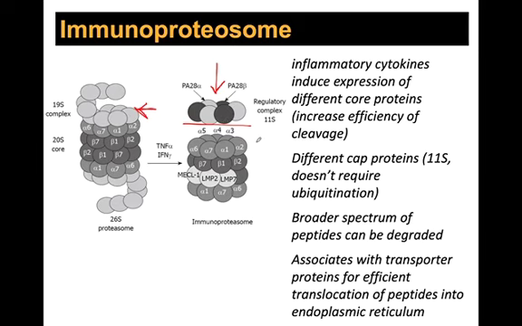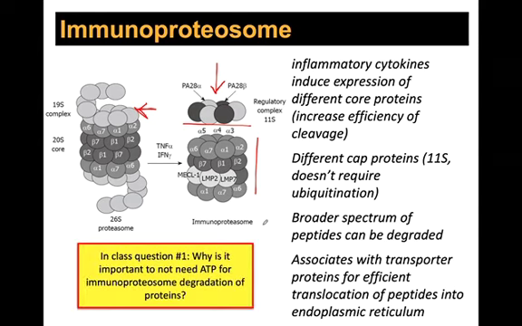The second part of this is the changes in the core proteins. And these actually don't change how it cuts. It actually just changes the efficiency. And so it makes it more efficient. It also binds it strongly to the TAP protein so that anything that's generated from the immunoproteasome is fed directly into the cytoplasm.